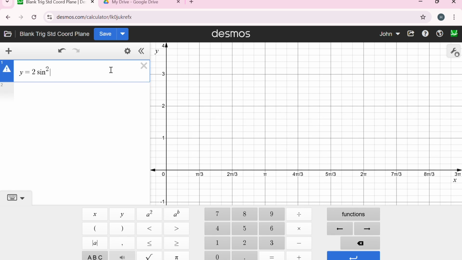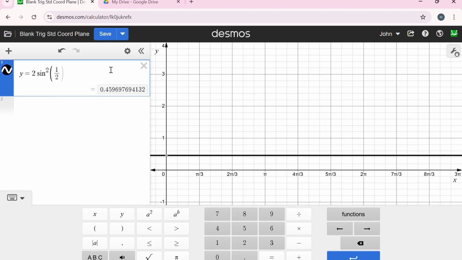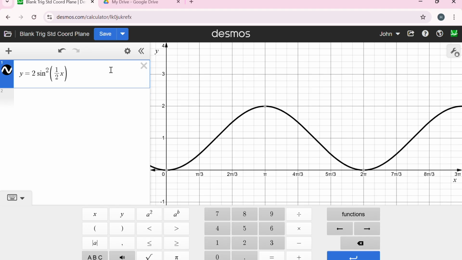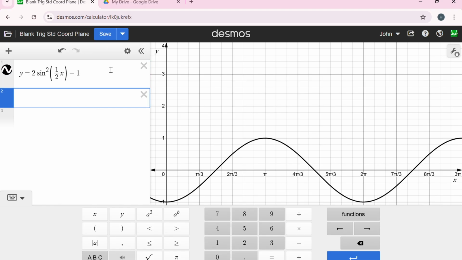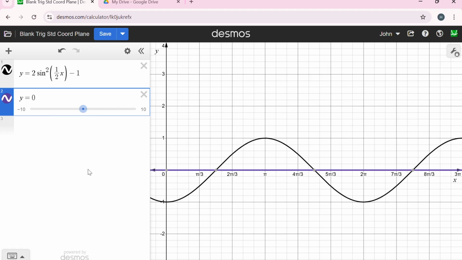Okay, number 8, I have y equals 2 sine squared of 1/2 x minus 1, and then that's y equals 0. All right, where do they intersect?